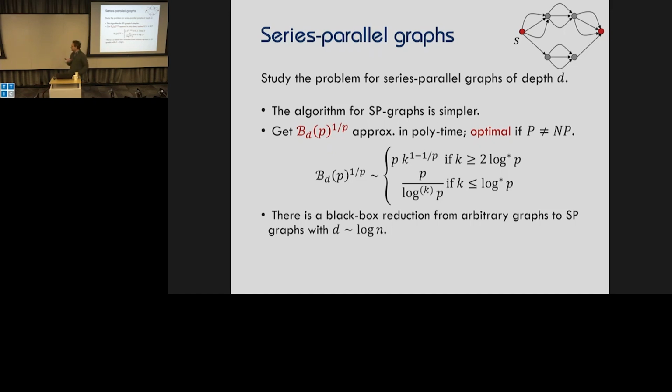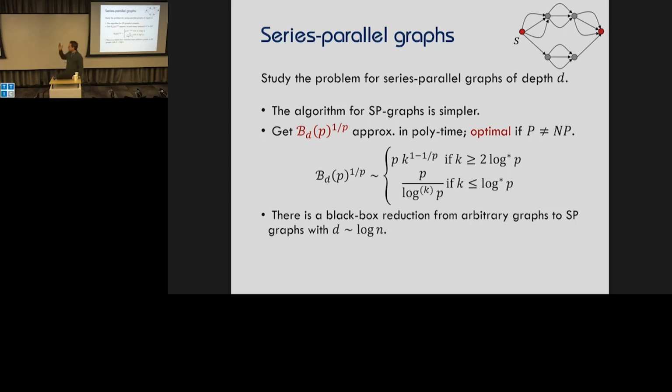Then, for series parallel graphs, we know exactly what the best approximation factor is. It's given by these t-dimensional Dahl numbers. And finally, there is a black box reduction from arbitrary graphs to series parallel graphs.